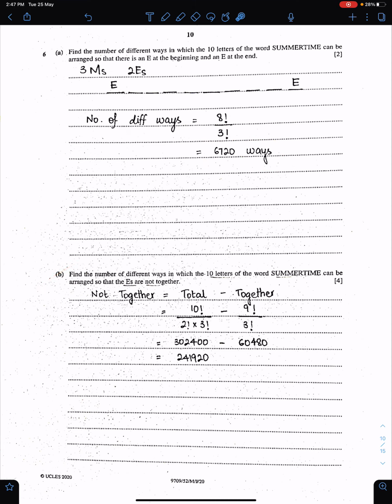Part B. Find the number of different ways in which the 10 letters of the word summertime can be arranged so that the E's are not together. This is simple. Not together, total minus together. First you need to arrange E's together, and for that you need to use the box method.